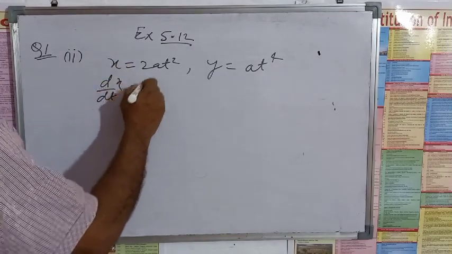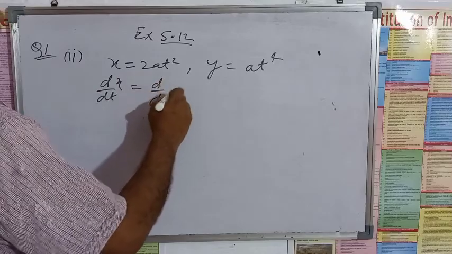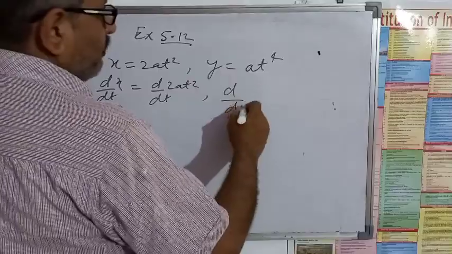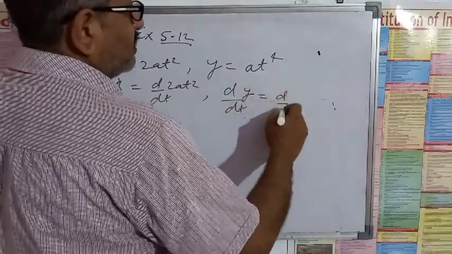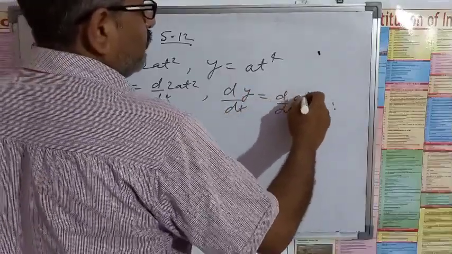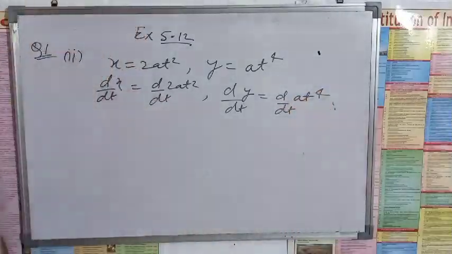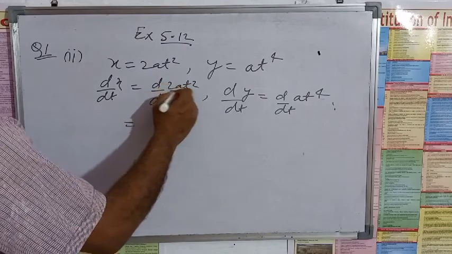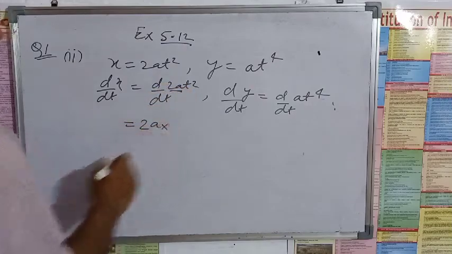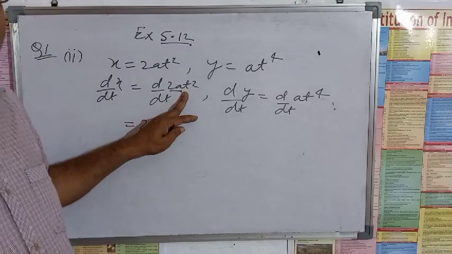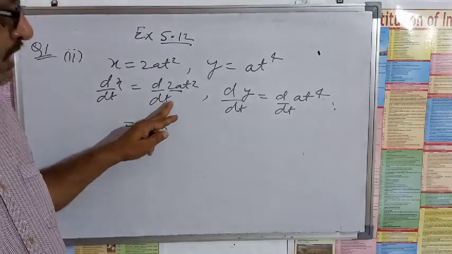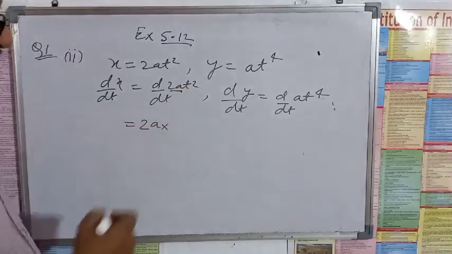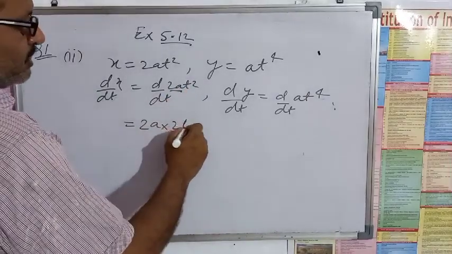So we can write d by dt of 2at square, and here d by dt of y, d by dt of a into t to the power 4. 2a is constant, we can take it outside. What will be the derivative of t square with respect to t? Derivative of x square with respect to x, we know, is 2x. So here the derivative of t square will be 2t.